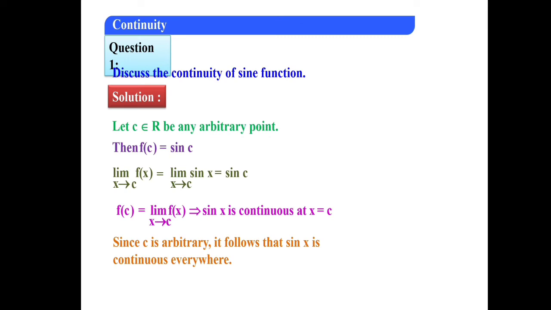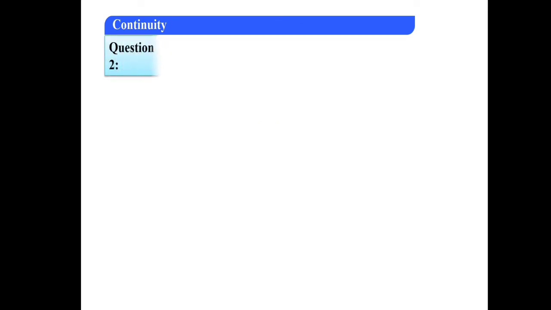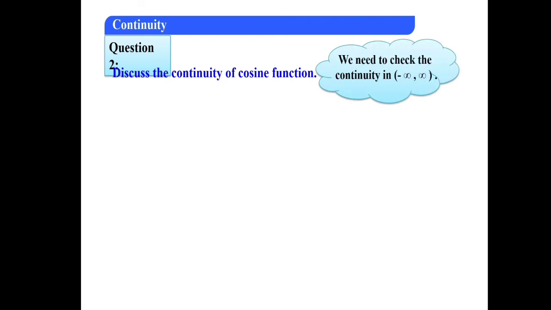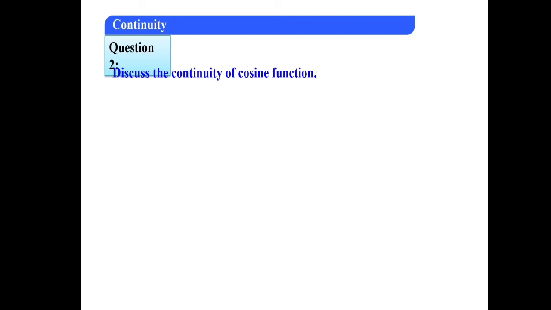Now next, go to the second example, the cosine function. Discuss the continuity of the cosine function. Here also the same, the point is not mentioned, which means from minus infinity to infinity. So first take one arbitrary point c, any real number.